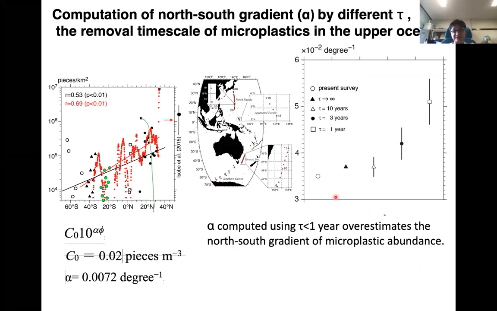This is the observed value, and this is the zonal slope, the slope of the concentration in the zonal direction. The observed values are shown by marks in this panel, and the other marks show the result of the numerical model with different time scales for the removal process.